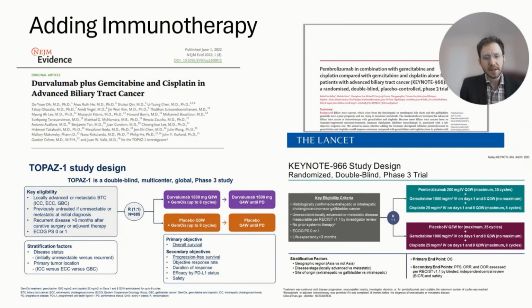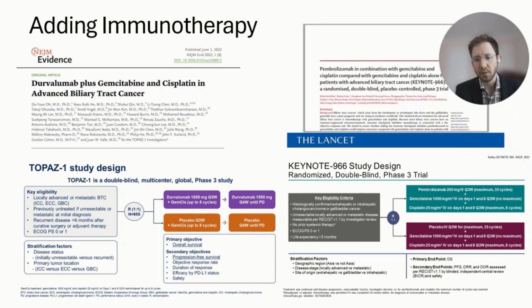So the two pivotal studies in the first line setting that led to a change in standard of care, really an addition to standard of care, were TOPAZ-1 and KEYNOTE-966.